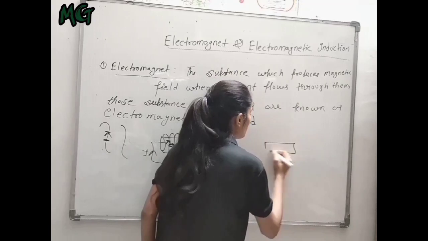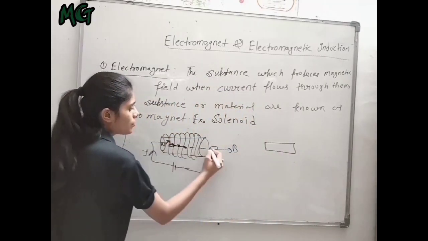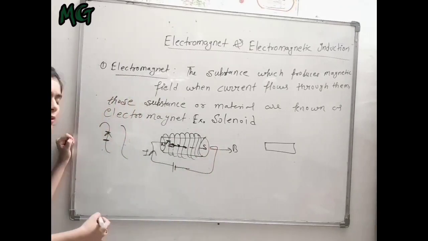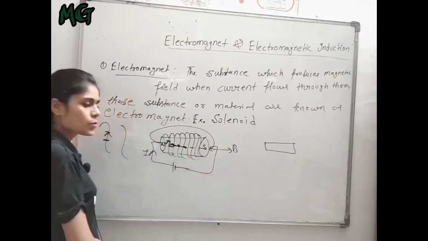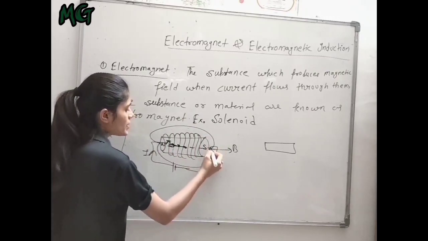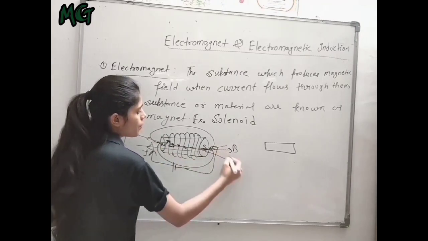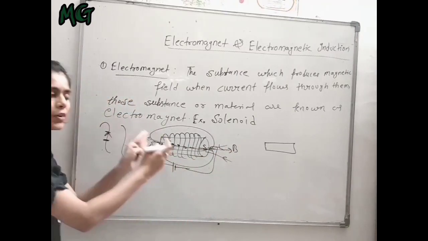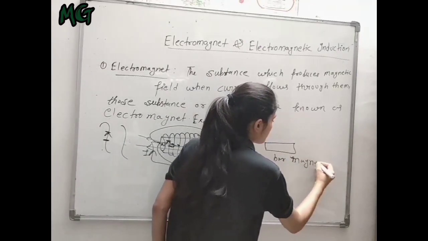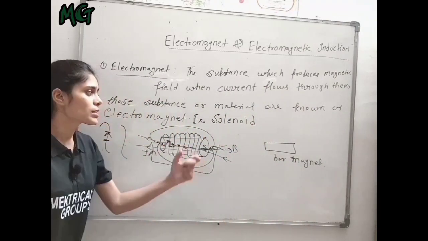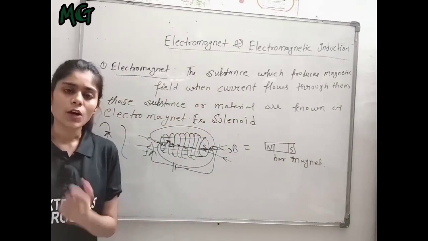These two terminals work as north and south poles, and outside the solenoid the magnetic field lines go north to south, and inside it is south to north. So this solenoid works as a bar magnet with two poles, north and south.